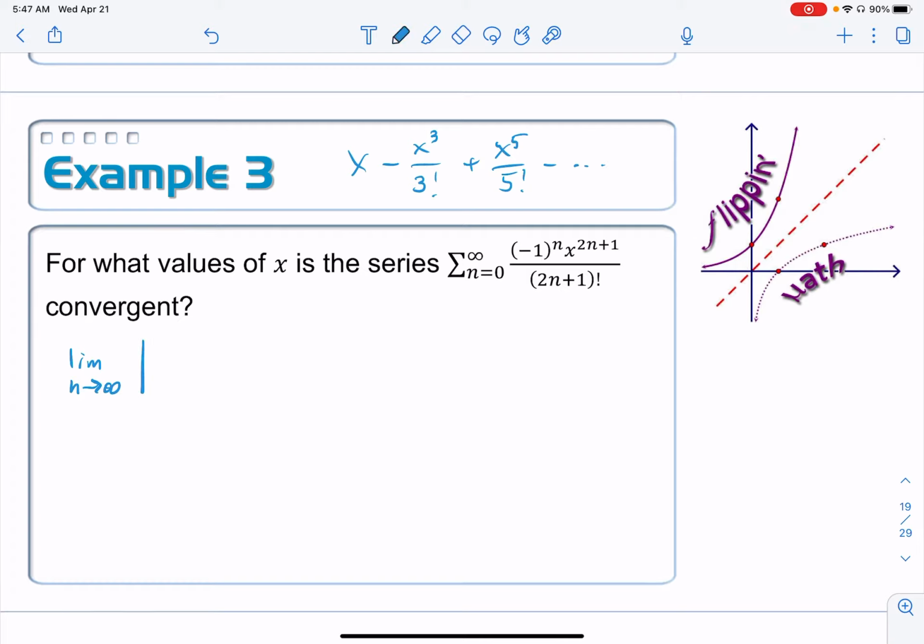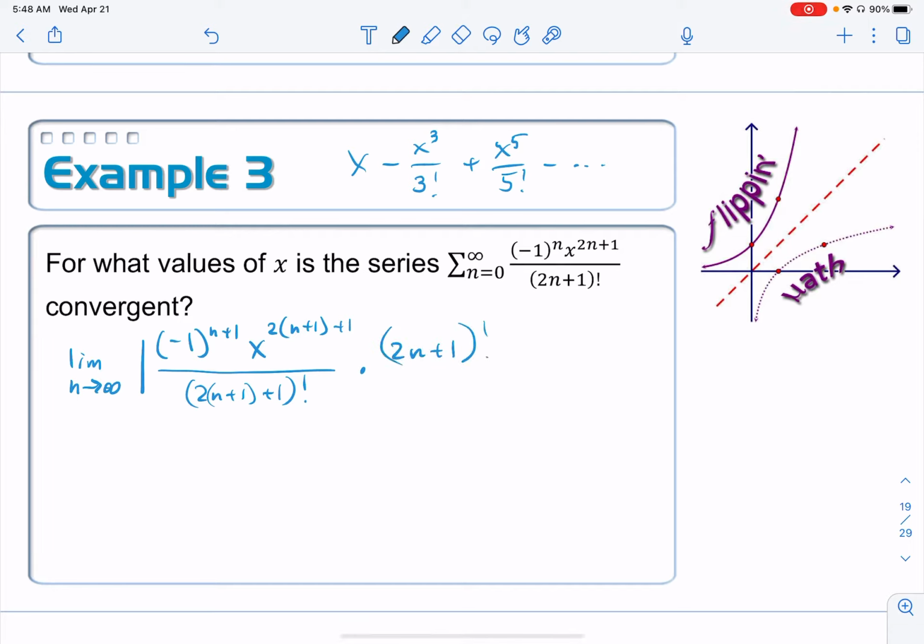Absolute value, we start off with the n plus 1th term, so (-1)^(n+1), x to the, now n is right here in the middle, so you've got to be careful here, put the n plus 1 in parentheses, so 2 times (n plus 1) plus 1, over, same thing on the bottom, (2(n+1)+1) factorial. And now multiply by the reciprocal of the nth term, (2n+1) factorial over (-1)^n, x^(2n+1).